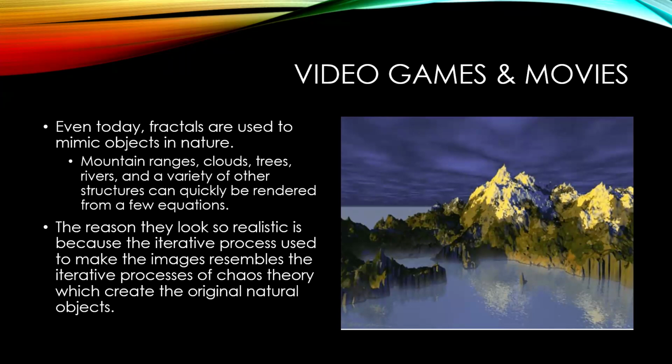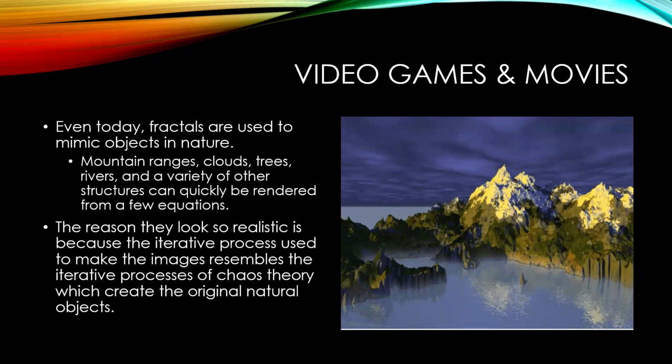We then have video games and movies. Today, fractals are used to mimic objects in nature, and it's done quite a bit. Mountain ranges, clouds, trees, rivers, and a variety of other structures can quickly be rendered from just a few equations. The reason they look so realistic is because the iterative process used to make the images resembles the iterative processes of chaos theory, which create the original natural objects.